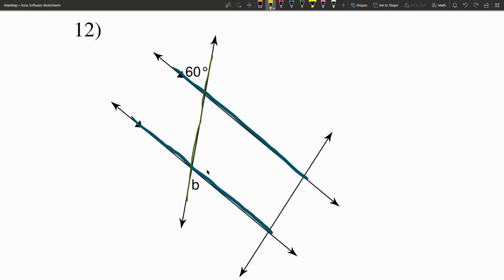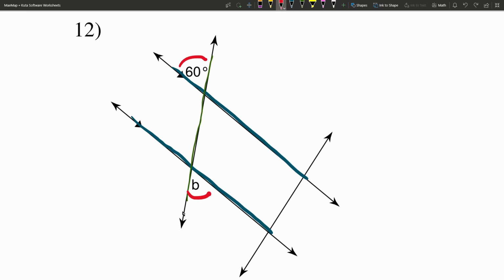No. So they're not interior angles. They're both exterior angles, and not only are they exterior, they're alternate exterior angles because they're on opposite sides of that intersecting line. Looking again at this green line here, 60 degrees falls on the left of that, and B falls to the right of that, and they're both outside of the bounds between those parallel lines.